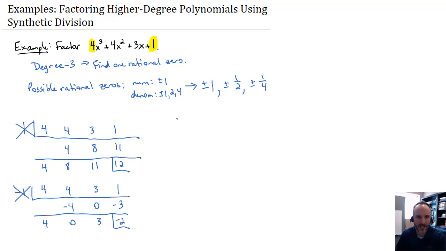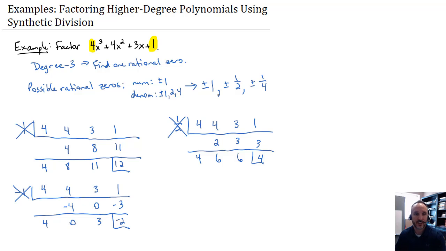Let's test 1/2. 4, 4, 3, 1. Drop the 4 down, multiply, add, multiply, add, multiply, and add. We don't get a remainder of 0 there either.